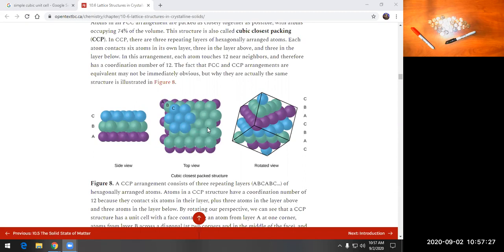Now, when you look at this structure, you can see that there are little divots at sort of triangular places where the triangles come together. There's a divot here, a divot here, and so on.